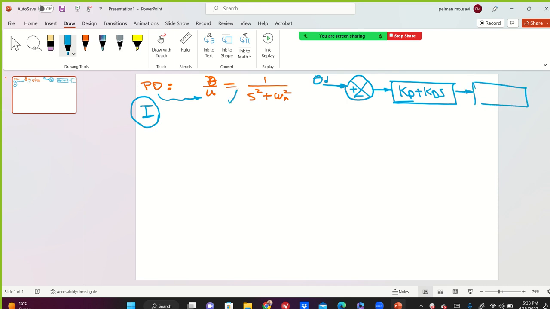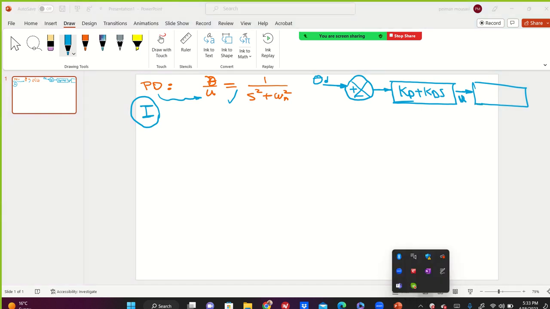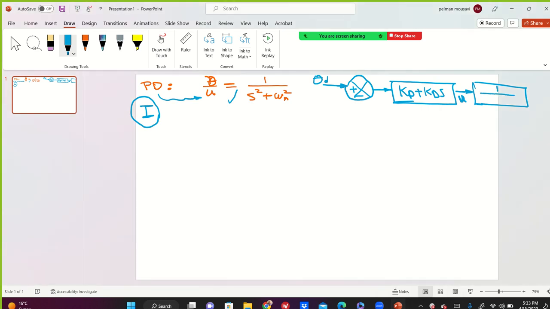Here we go. By giving the control signal U, which we plotted in ODE and also in Simulink, to 1 over S square plus omega n square, this gives you theta. This is being compared with the desired input that we set in the MATLAB code to 60 degree, 30 degree, whatever you want, right?